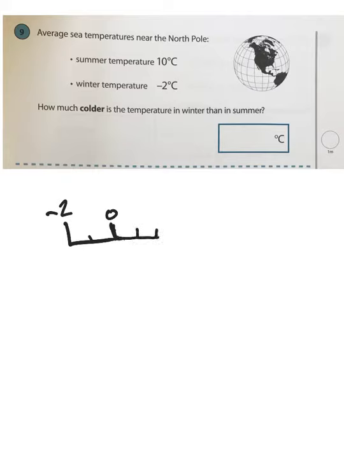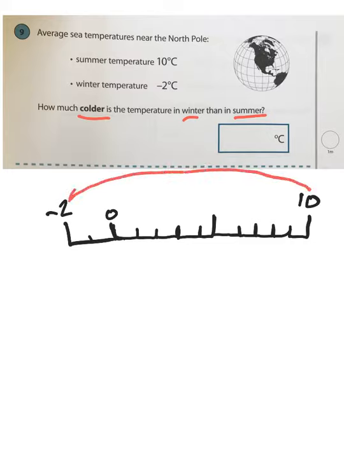1, 2, 3, 4, 5, 6, 7, 8, 9, 10. There's an amazingly accurate number line. And what it's saying is how much colder is the temperature in winter than in summer. So in other words, what's the gap between this one and this one?